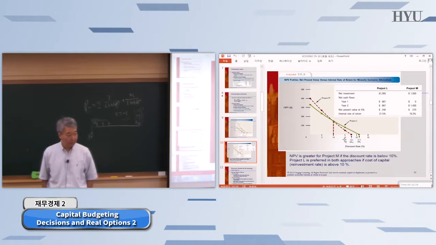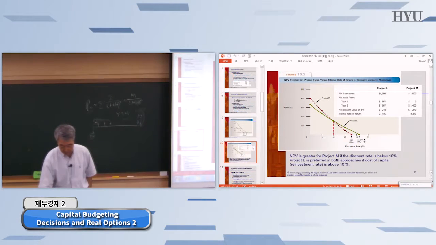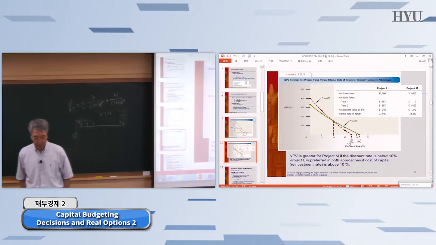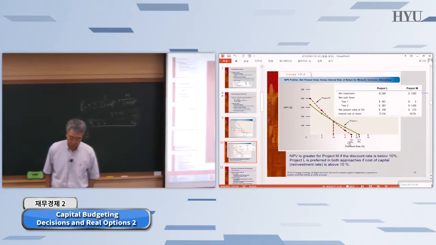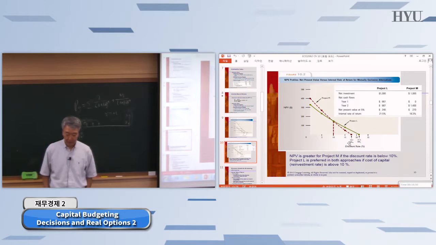Still L, because internal rate of return for L is 21.5%, but for M, the blue dot, red dotted curve, it's 18.3%, right? So it doesn't matter which criterion you use, as long as cost of capital is above 10%.